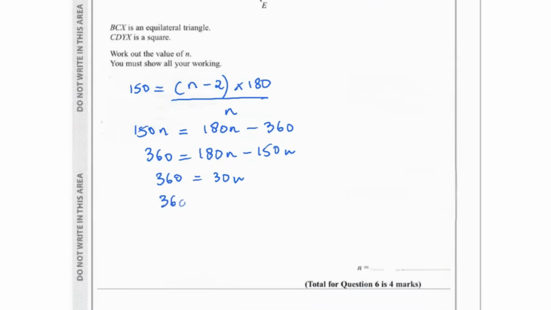So 360 divided by 30 equals n, which is 12, which means this polygon has 12 sides. So very simple, you need to know your properties of a square and an equilateral triangle. You need to identify where the sides are equal, and then using that, you can figure out the number of sides.